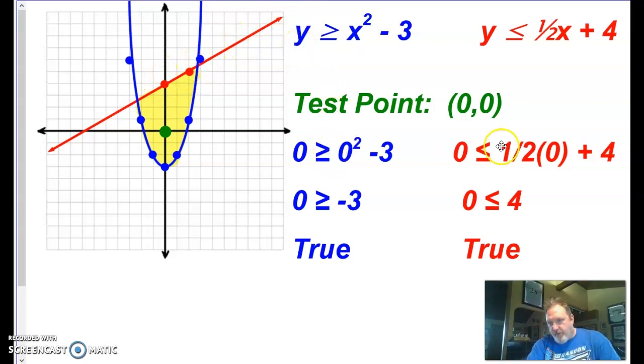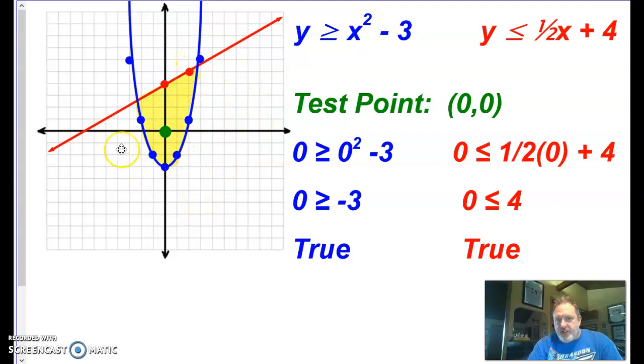When I do my test point for both equations, works for both, so in both cases we are shading towards 0, 0. So that's the region that is inside this parabola and underneath this line. So that's the region that is towards 0, 0 right there.